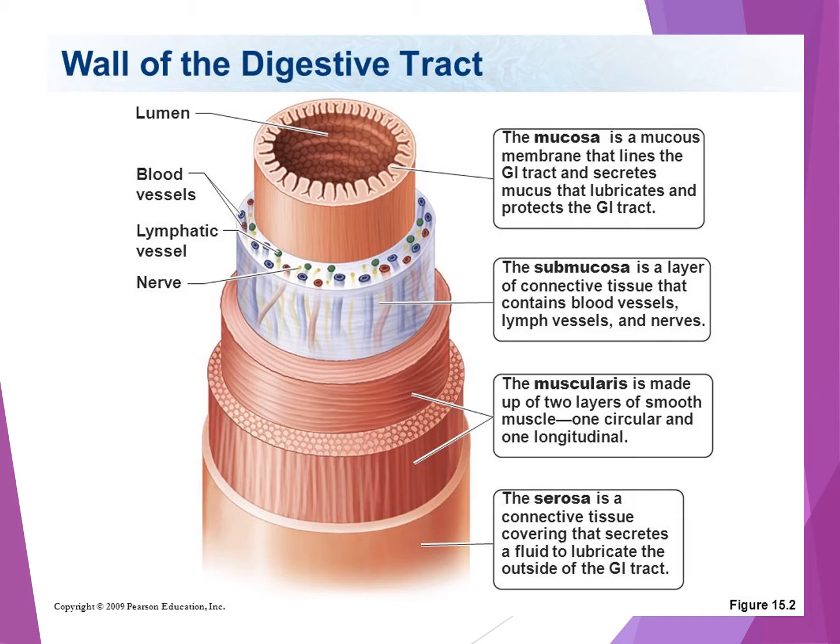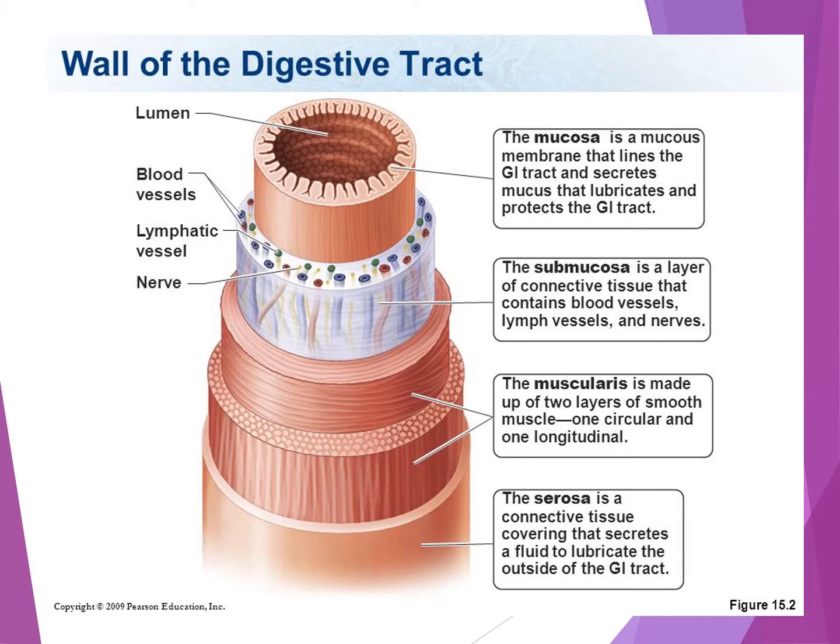The muscularis is the muscular layer, and this is composed of smooth muscle, and there are circular muscles as well as longitudinal muscles, and those muscles contract in two different ways. There's a snaking type contraction called peristalsis that helps to move contents along the digestive tract, along the intestinal tract.